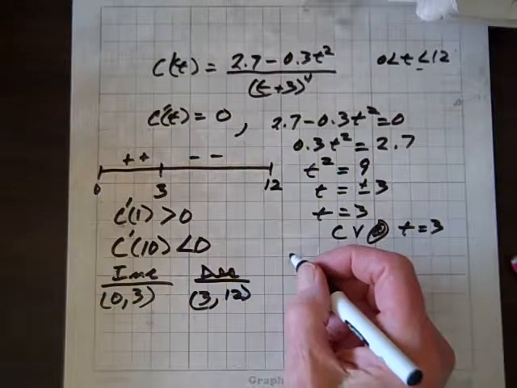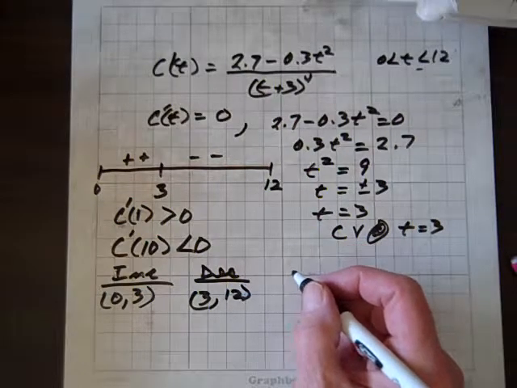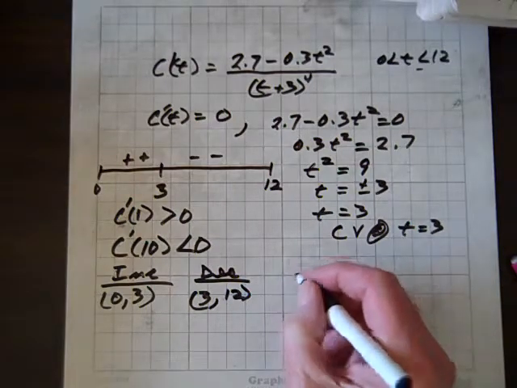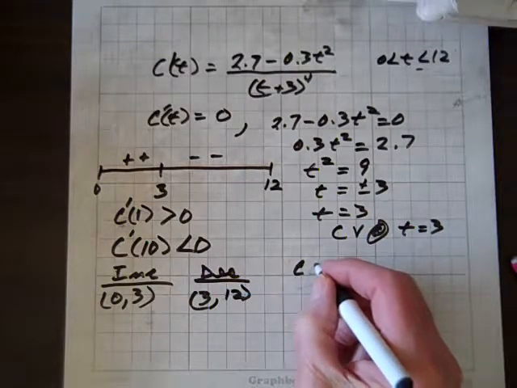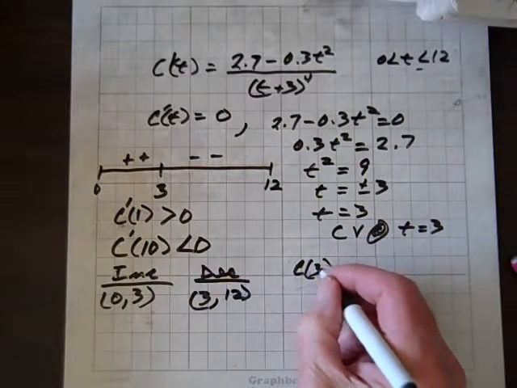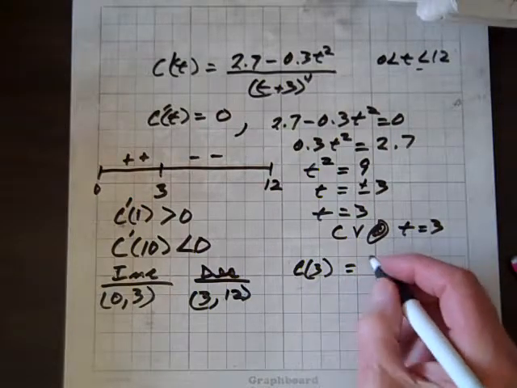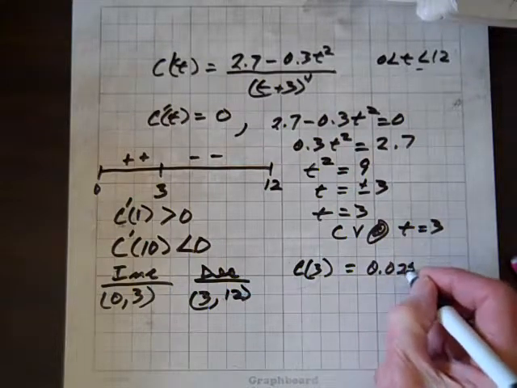Oh yes, we have to find the local extrema, which is a max. And so we'll look at C of 3. We know that 3 is the horizontal coordinate. Let's see what C of 3 is, and when I evaluate that, I get 0.025.